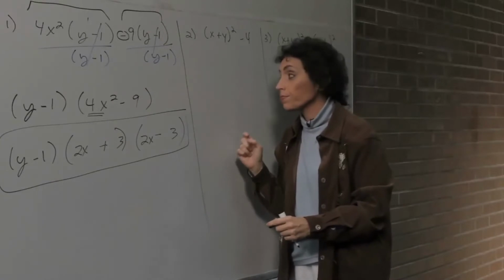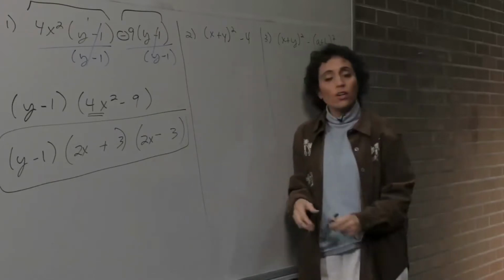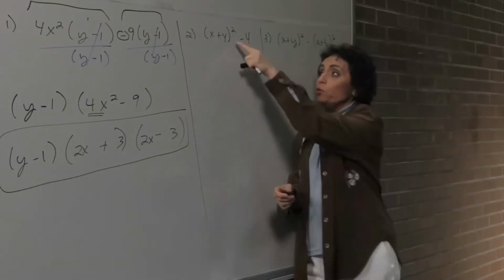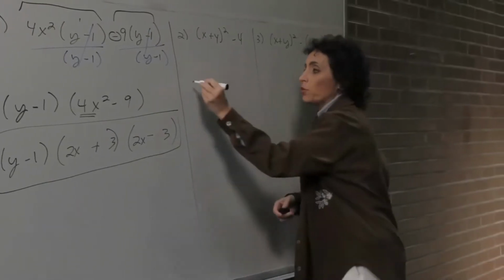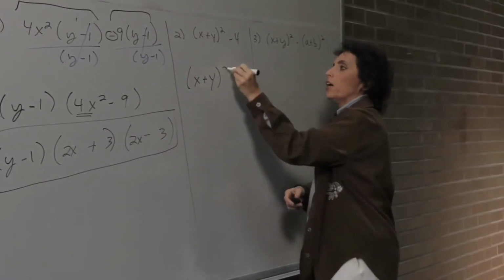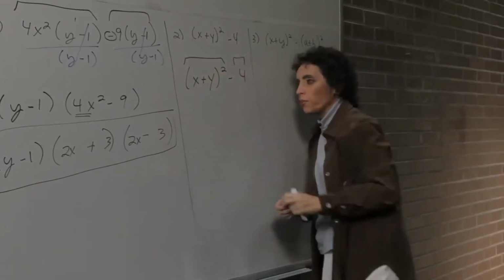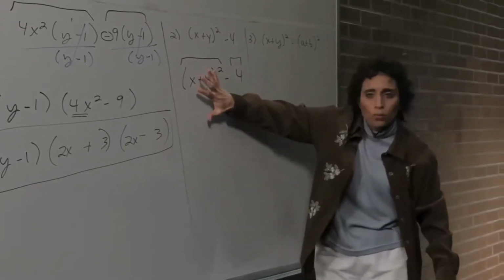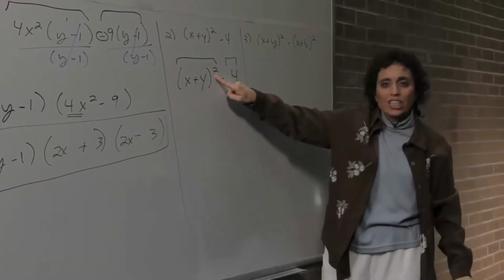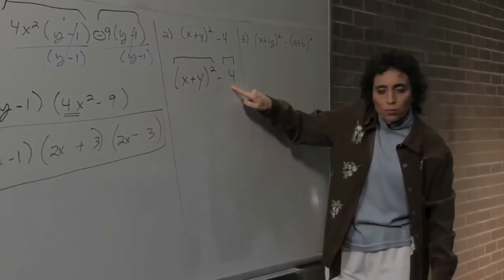Very cool. All right. Remember here that we are not trying to multiply, so I do not want to write this first. Think of this as one term and this as another term. This whole term is a perfect square because the exponent is even. This is a perfect square because 2 times 2 is 4.